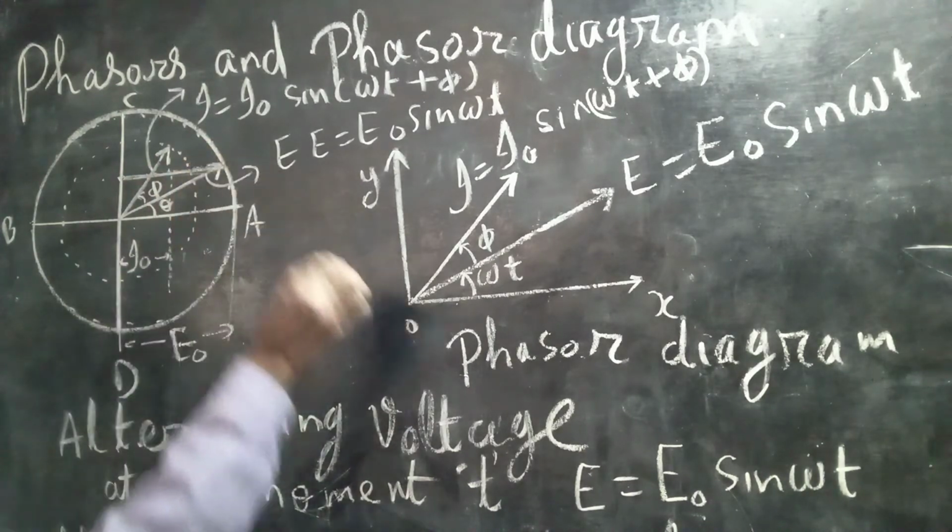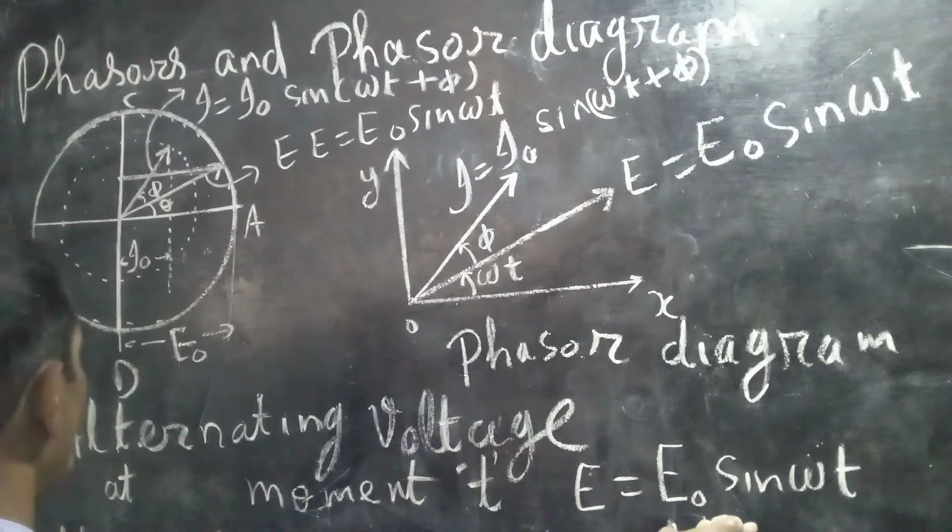What is the magnitude of alternating voltage at any moment t?